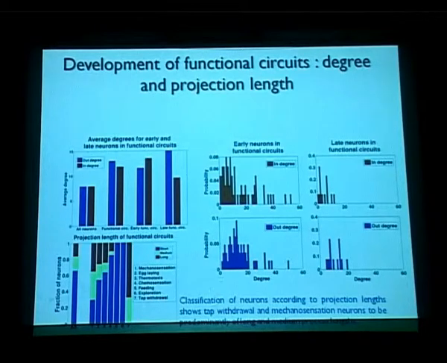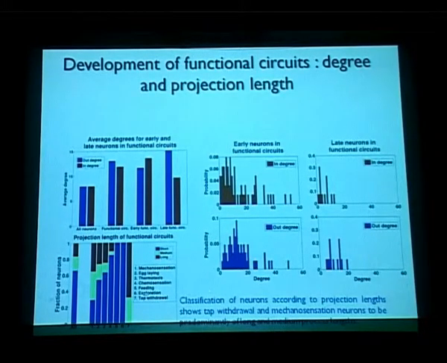The other thing that we looked at is the fraction of neurons with different projection lengths. Again, we have divided it into short, medium, and long, and we have looked at which functional circuit has which type of neurons, whether they have more neurons with medium length processes or more neurons with long processes.